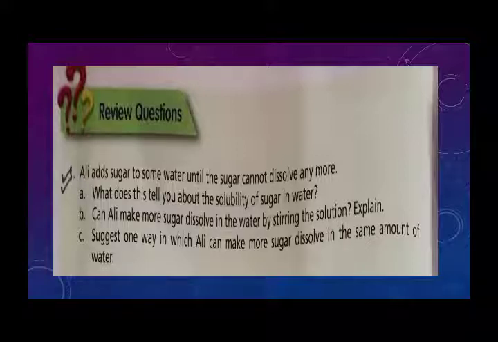If Ali wants to add some more sugar to the saturated solution of water, what technique or method should Ali apply? In this way he can dissolve more sugar in the same amount of water. This is what you are going to tell us in this question. Now let's move towards the next question.